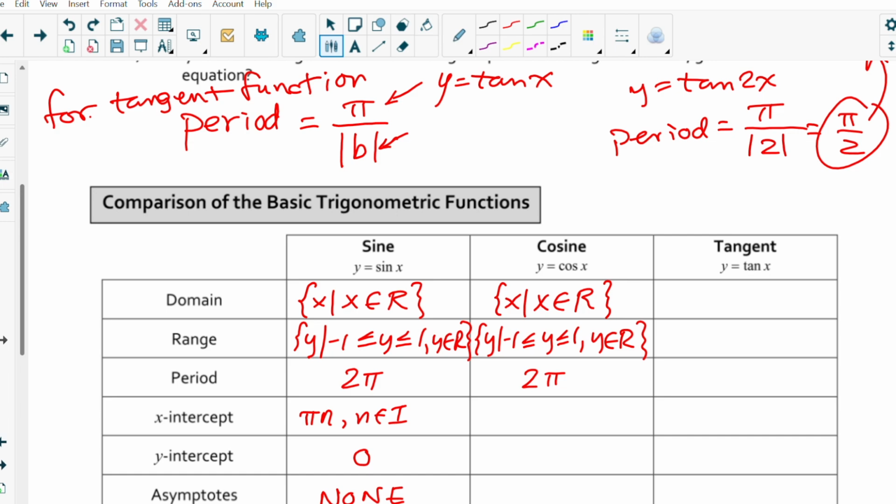For the x-intercepts, cosine is 0 at pi over 2, so pi over 2 is where it starts, plus pi n, where n is an element of all integers.